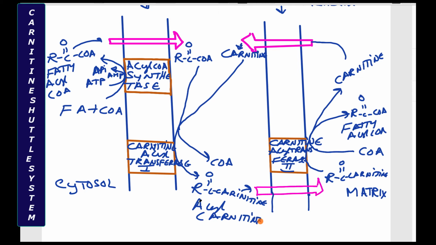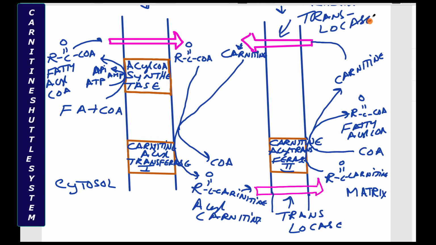This acyl carnitine passes through the translocase and enters the matrix, where it reacts with coenzyme A. Fatty acyl coenzyme A is released, carnitine is released, and carnitine comes back to the intermembrane space to pick up another fatty acyl coenzyme A. It goes on like that.